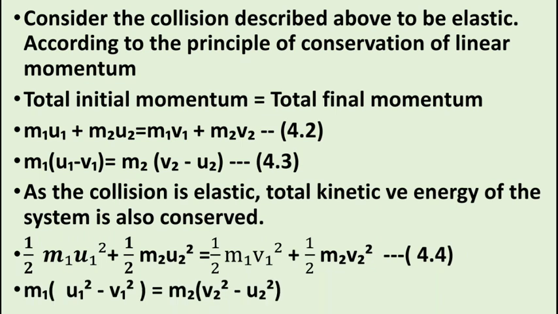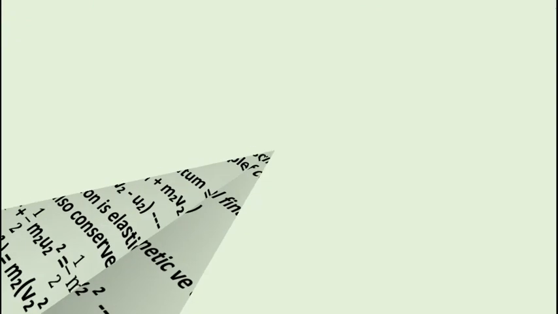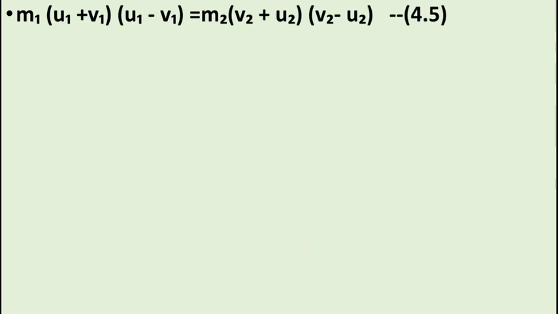That is, m1 (u1 square minus v1 square) is equal to m2 (v2 square minus u2 square). That is, m1 (u1 plus v1)(u1 minus v1) is equal to m2 (v2 plus u2)(v2 minus u2) as equation 4.5.